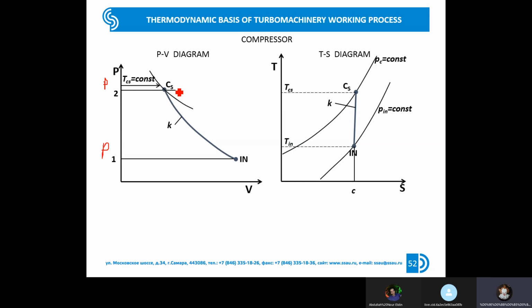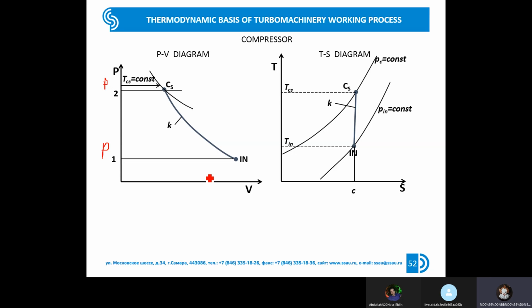The index S shows that we are speaking about the ideal process without losses. What is the specific work of the ideal process? Could we determine the ideal work using this diagram? Yes, of course. It's equal to the area in CS to 1.